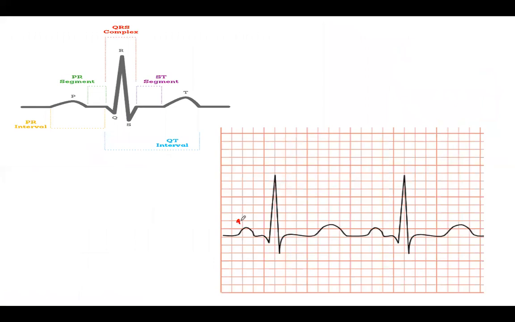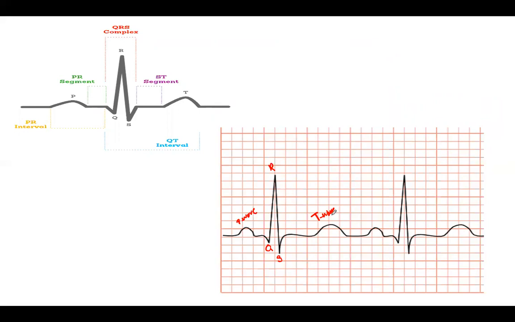This is my P wave. This big complex is my QRS complex. And then this last one would be my T wave. As you can see again, P wave, QRS complex, and T wave.